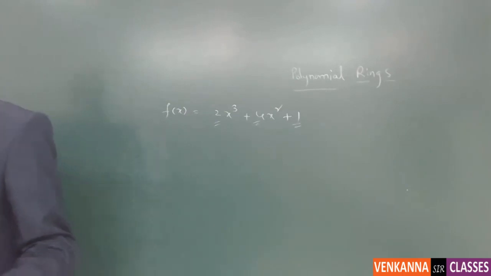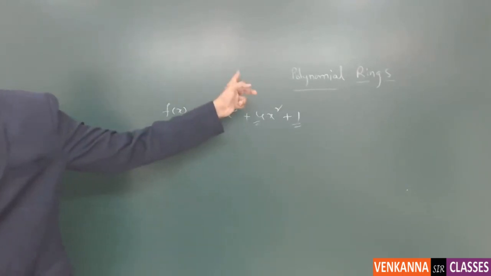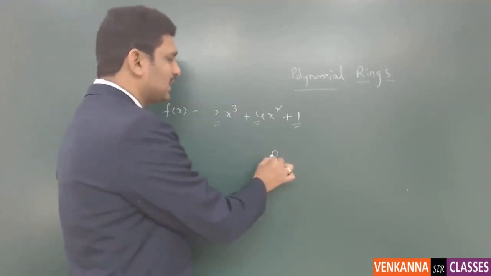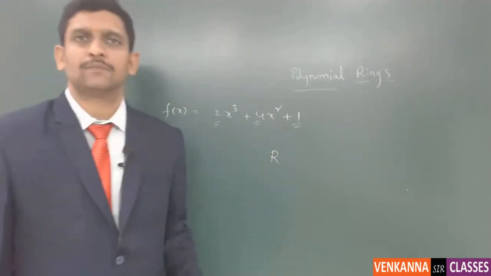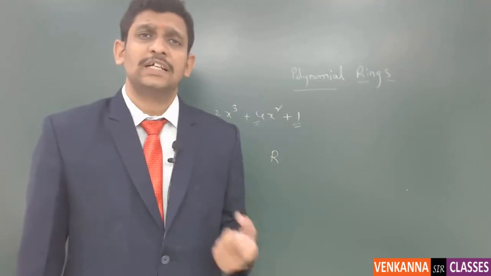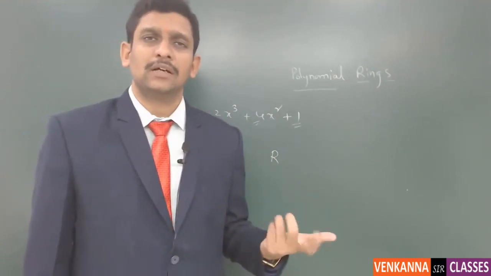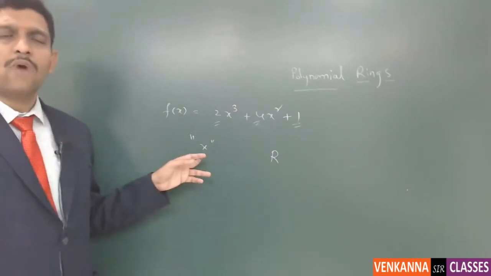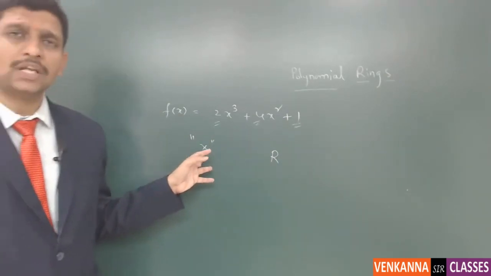So, what happens if you talk of polynomial rings? Whenever you consider a ring R, you fix any indeterminate variable, say x or y, whatever indeterminate you want to mention.